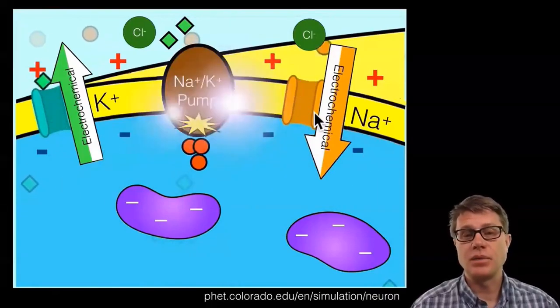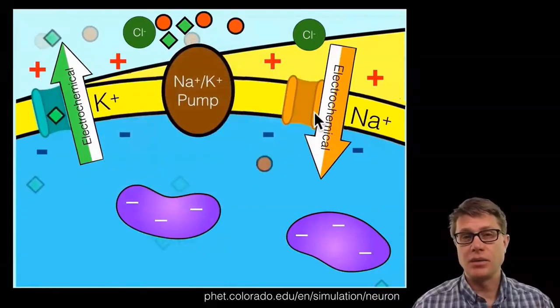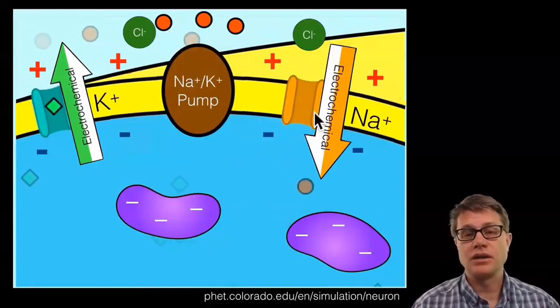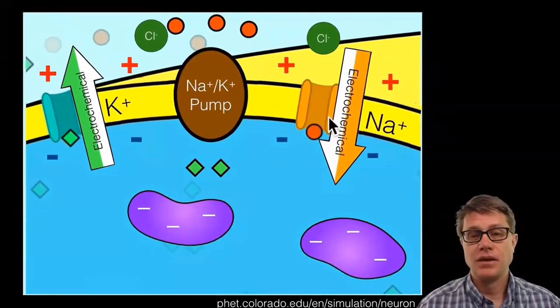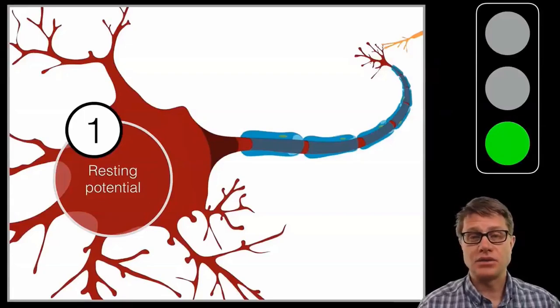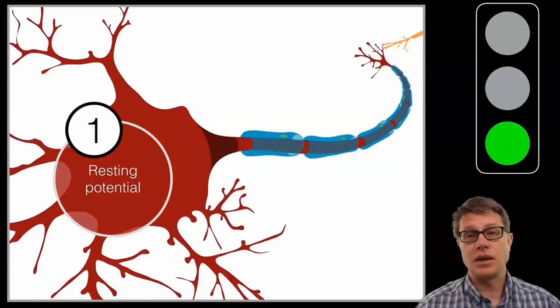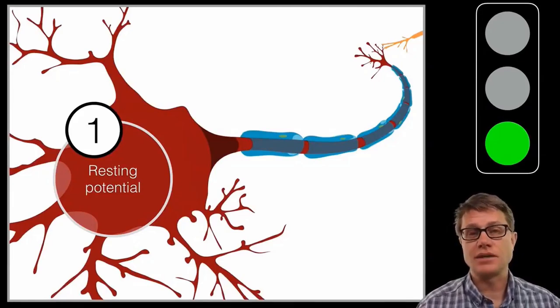That sodium-potassium pump is essentially keeping up with the sodium that's flowing in and the potassium that's flowing out. And so that is our resting potential. Negative 70 millivolts is established because we have a separation of those ions on the inside and the outside, and their different electrochemical gradients are establishing that difference in the charge. And so we have this resting potential.